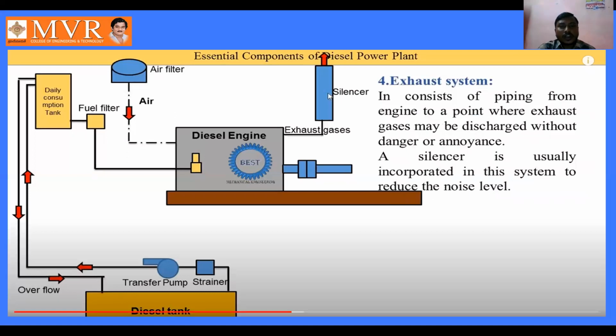And coming to the exhaust system. The diesel which we have taken from the diesel tank up to the diesel engine or the cylinder is used for the combustion process. By using this fuel as well as air, we burn the fuel, and the combustion takes place.